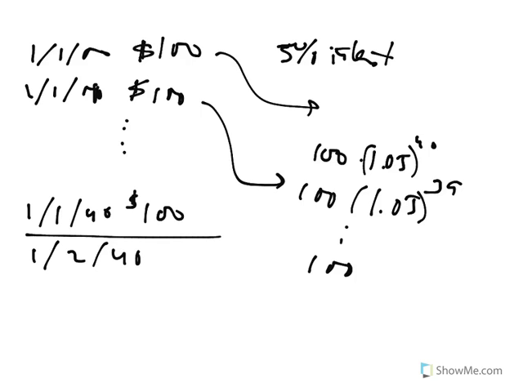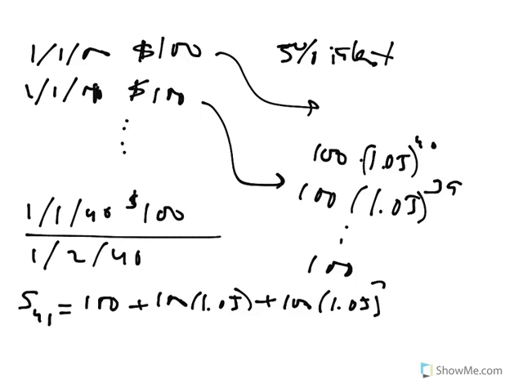Well, the total sum of the 41 numbers would be 100, that was my most recent, plus 100 times 1.05, that's the one I put in 2039, plus 100 times 1.05 squared, and that's going to go all the way up to my very first payment, which was 100 times 1.05 to the 40th.